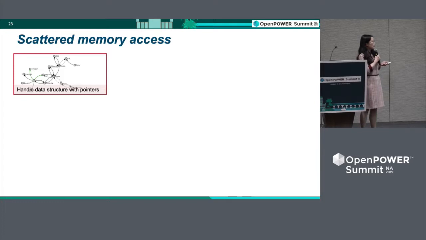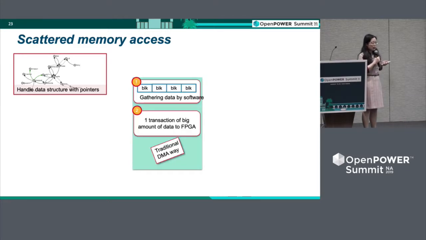The second idea is about scattered memory access. Actually, we have already seen a lot of benefits from this idea. For a traditional PCIe-based FPGA acceleration, you need to have a device driver, and you'd better gather all of the data you need by software into a data block. Then you ask the DMA to make a transaction of a big amount of data to FPGA. That is the most efficient way in this scenario.